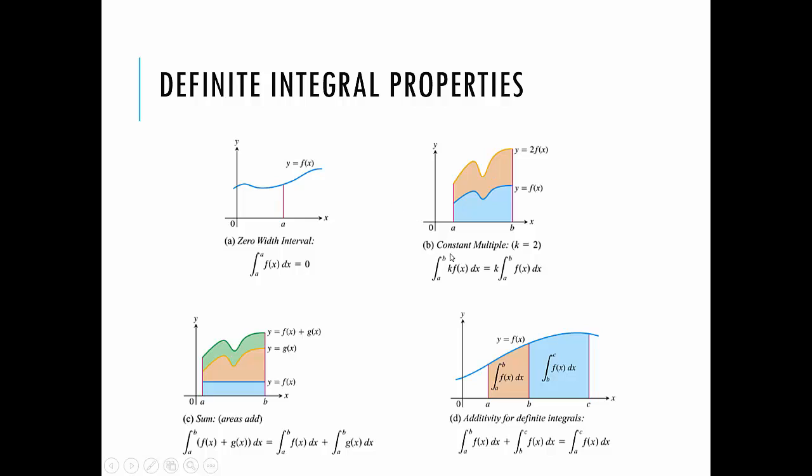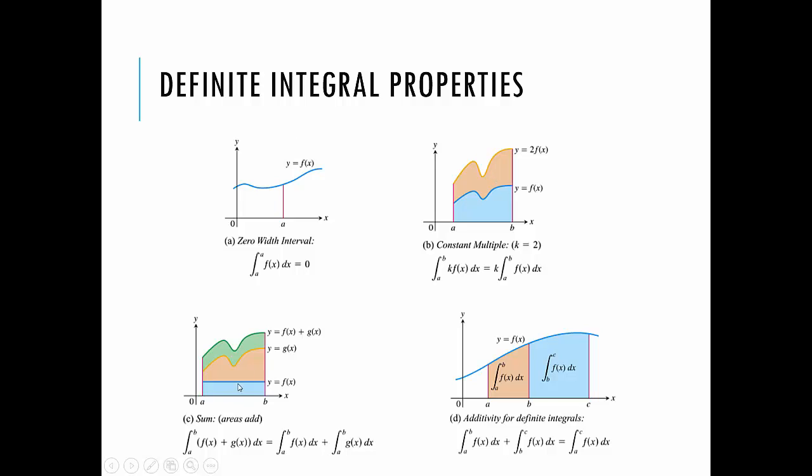There are different properties. So for example, if I had a zero width interval, hopefully that would make sense to you. If the width of this is 0, then the area would be 0. The constant multiple just says you can pull a constant out front, because when you multiply a constant by an area, it just adds more area.